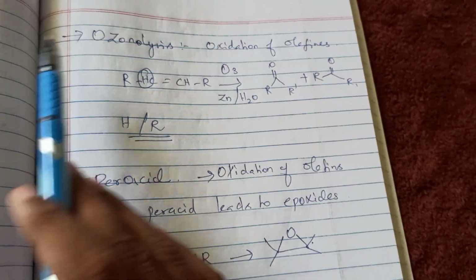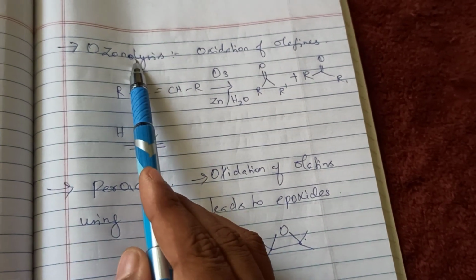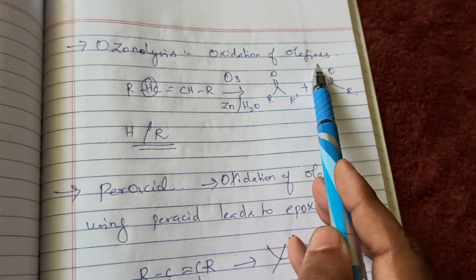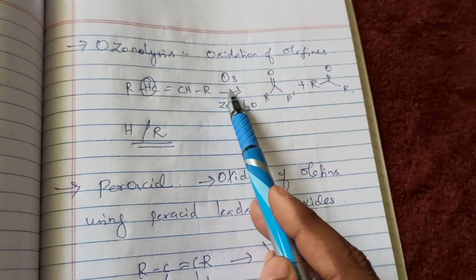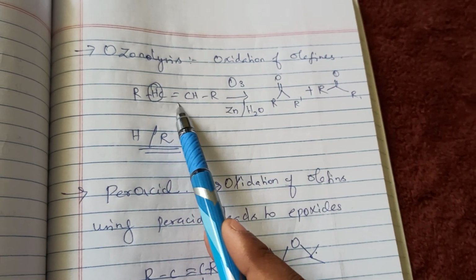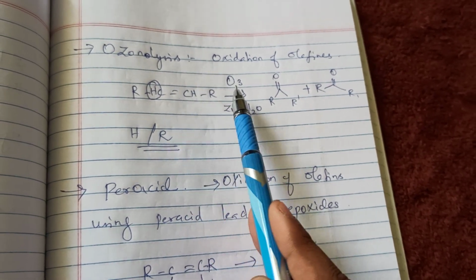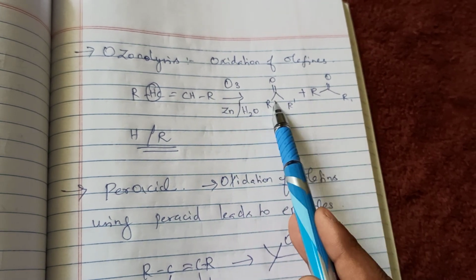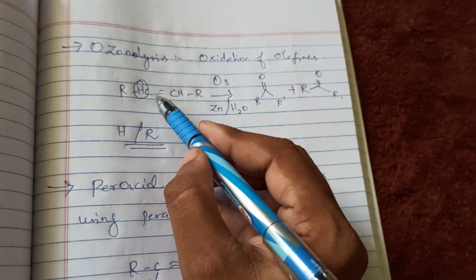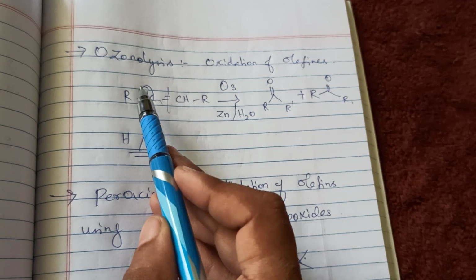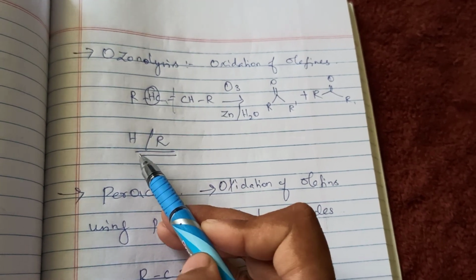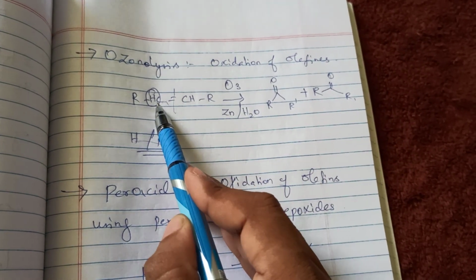So the next important oxidation reaction is ozonolysis, the oxidation of olefins in presence of ozone. Here the olefin is nothing but a double-bonded compound. In presence of ozone, the double bond will break up.